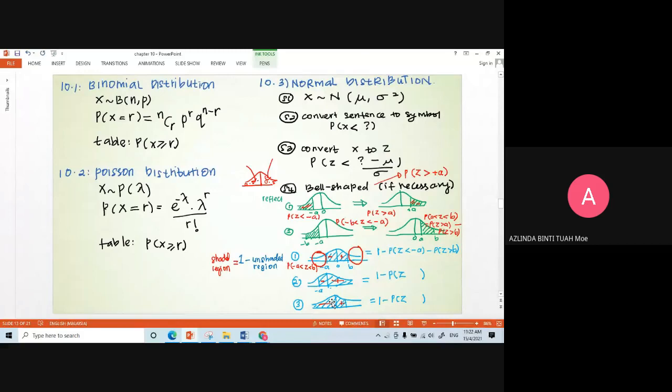Nampak, kalau kawasan berlorek tu start dengan 1 minus. Okay, case yang pertama dekat sini. 1 minus unshaded. So sebelah kiri ni unshaded.